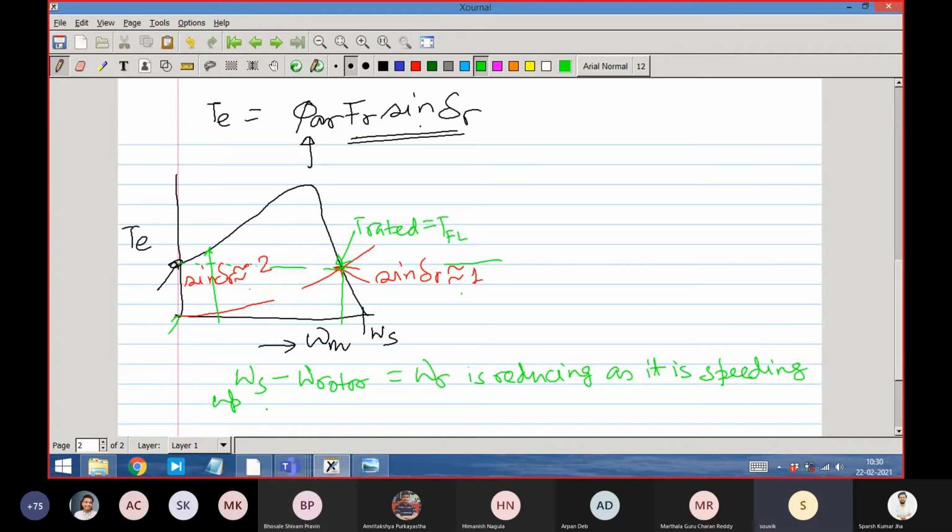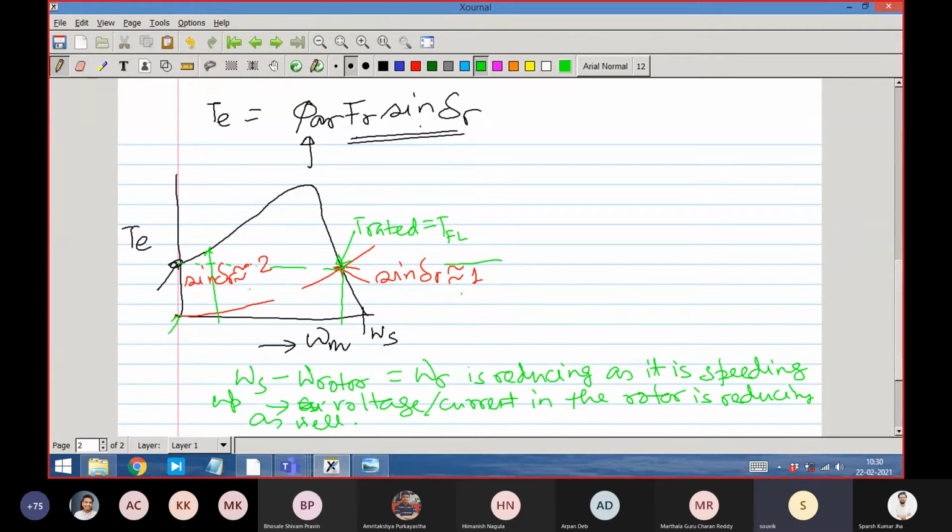As it is speeding up, the voltage induced and the current in the rotor is reducing as well.